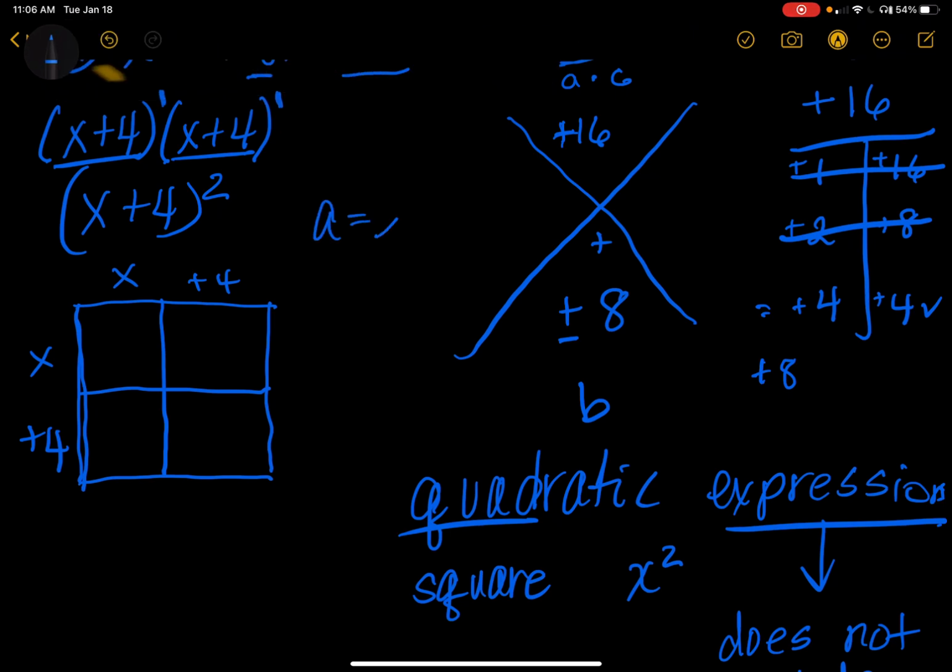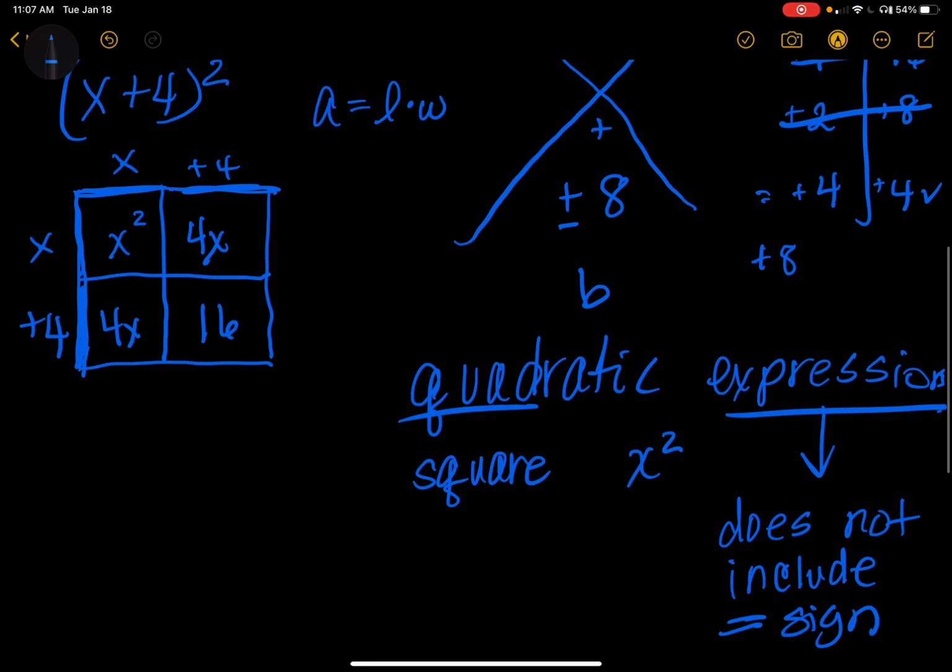Area is equal to length times width. So we have x times x, which is x squared. Once again, multiplying like bases and adding the exponents. 4 times x is 4x. 4 times x is 4x. And then 4 times 4 is 16, positive.